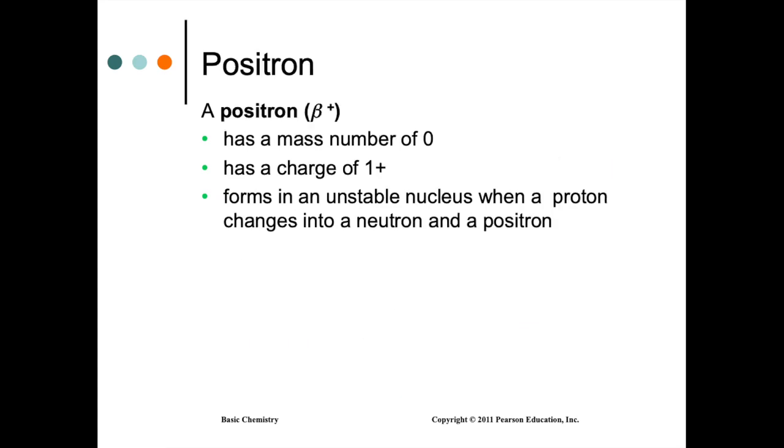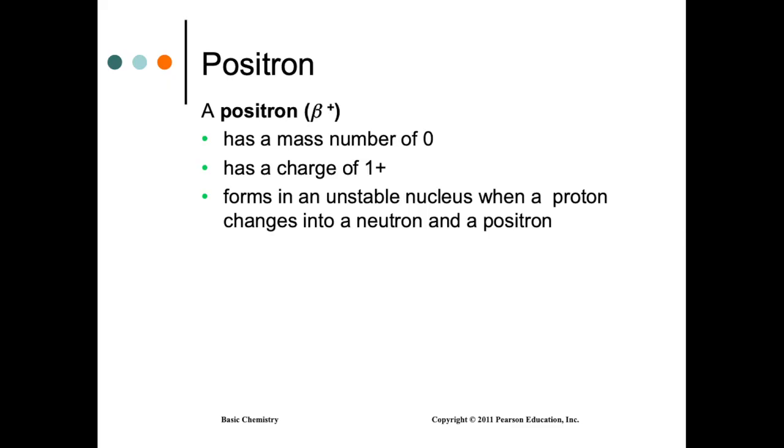Now, it is possible to have what's called a positron. A positron is like a beta particle, but instead of being negatively charged, it is positively charged. So instead of an electron, it's a positron. Hence the name. All right. So just like a beta particle, it has a mass number of 0. The only difference now is that instead of a negative charge, it has a positive charge.